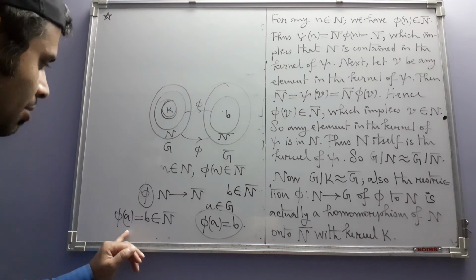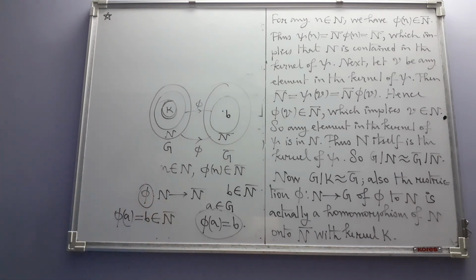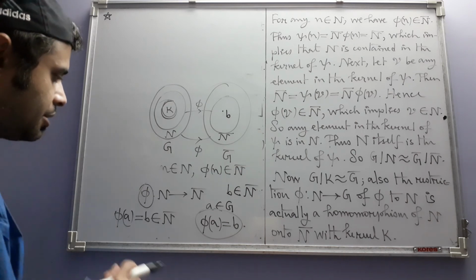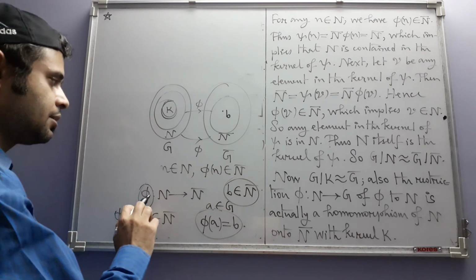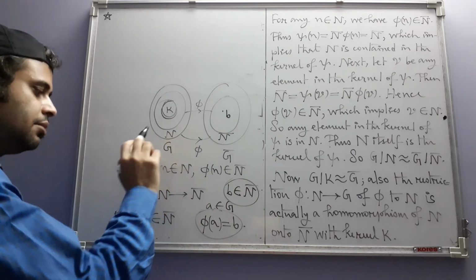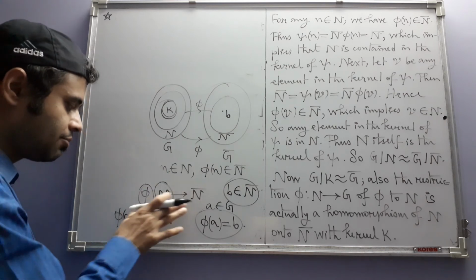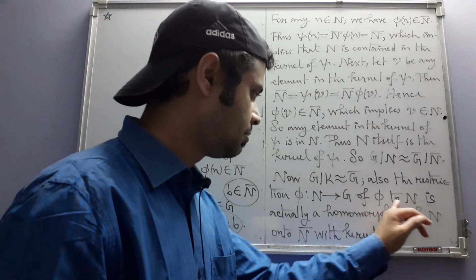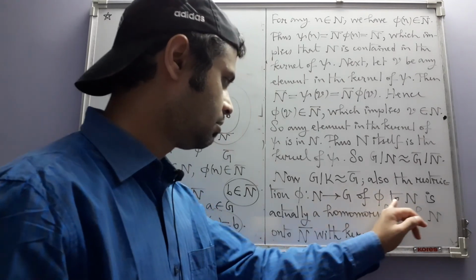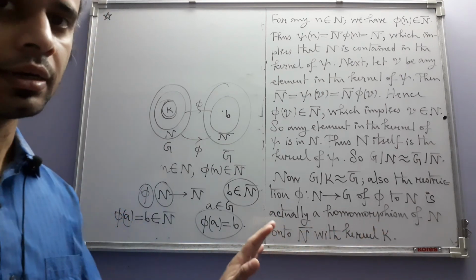And so by the definition of N again, A must be an element in N. So that's why every element in N bar has an inverse image, not just in G but actually inside N. So this restriction as a function is onto. That's why we are saying that the restriction is actually a homomorphism of N onto N bar with kernel K.